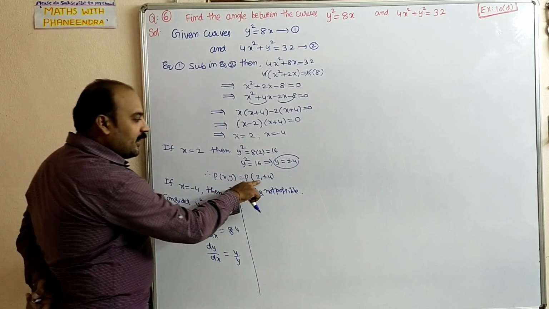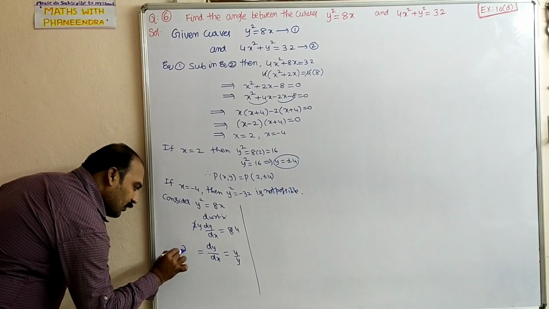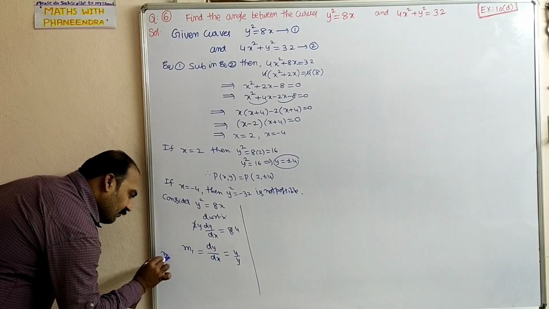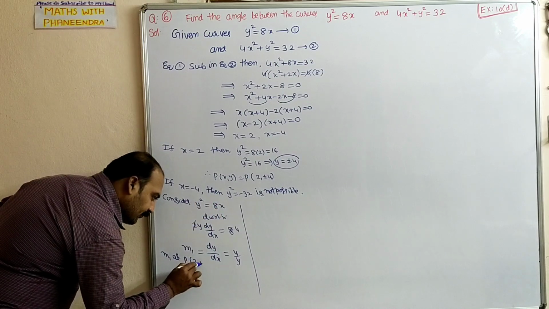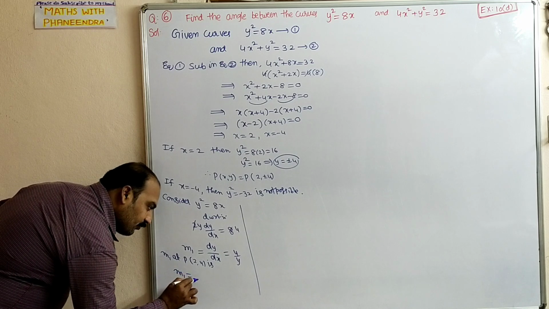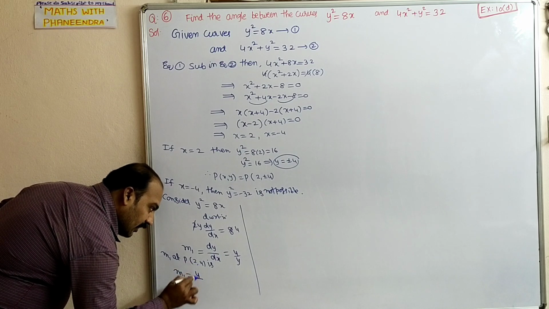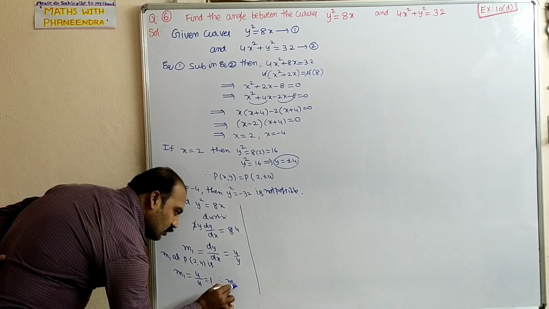Taking the point 2 comma 4, the first curve slope is denoted by m1. m1 at P of 2 comma 4 is 4 divided by y value 4, which is equal to 1. So m1 is equal to 1.